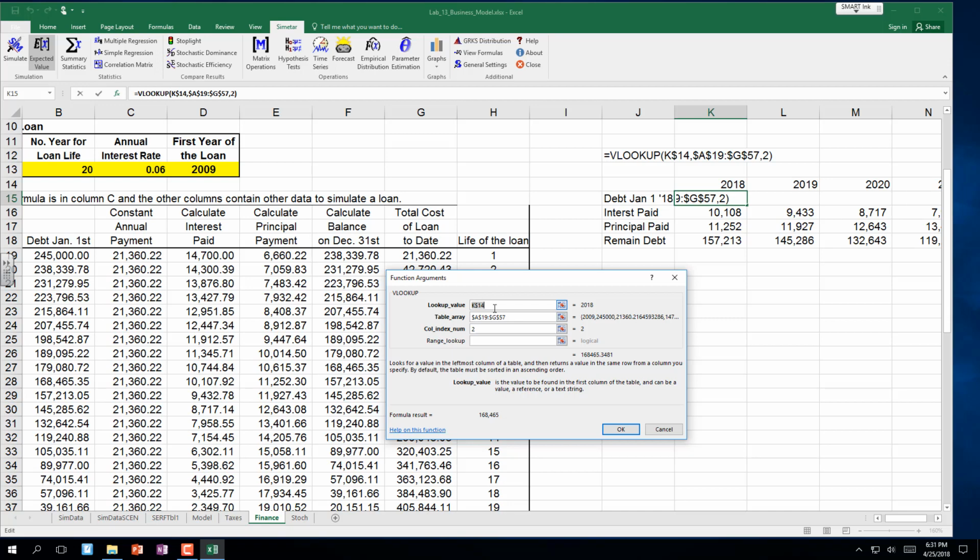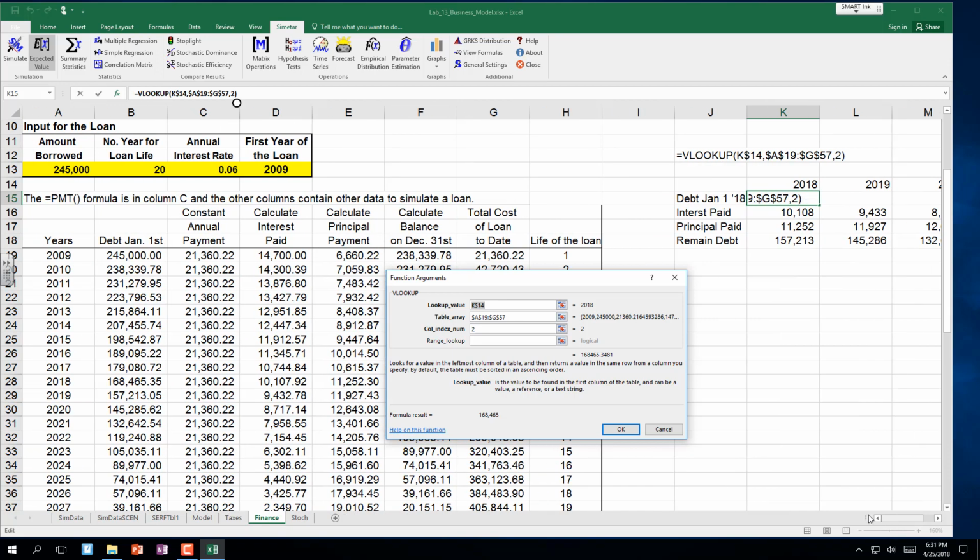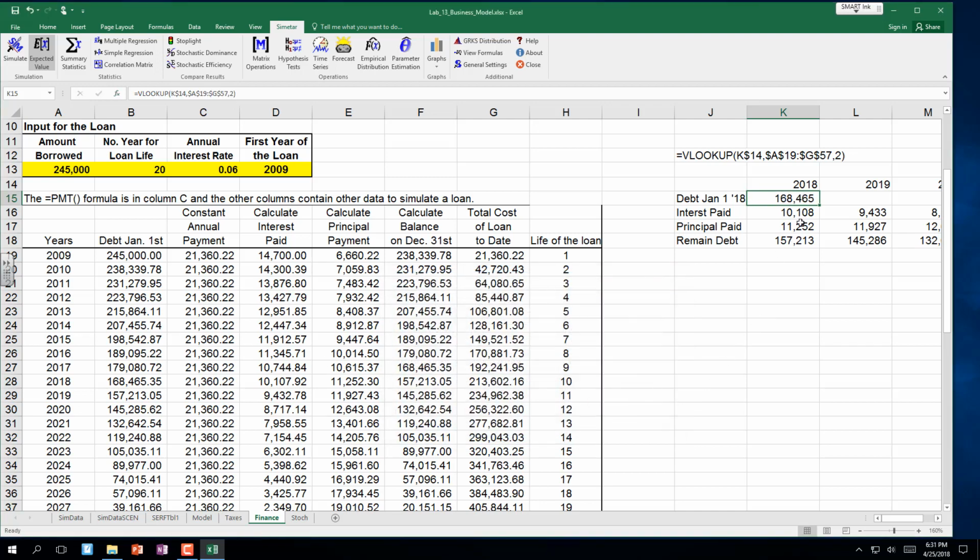And so what's in column 2? Well, we'll scroll over here and see that column 2 is debt. Okay? So when we come to this interest, it's going to use the same matrix. That's why I hit F4 on it. It uses the same matrix.